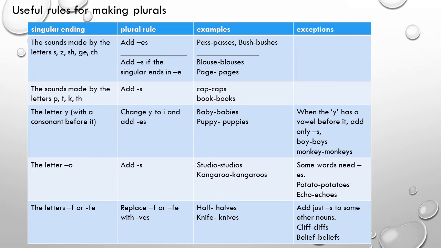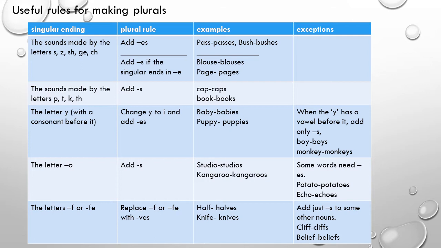For example, potato, potatoes, echo, echoes. Here also the words end with O, but we are not writing only S as we did with studio and kangaroo. We are adding ES. So the exceptions are everywhere, and we do need to remember all the exceptions in these cases.